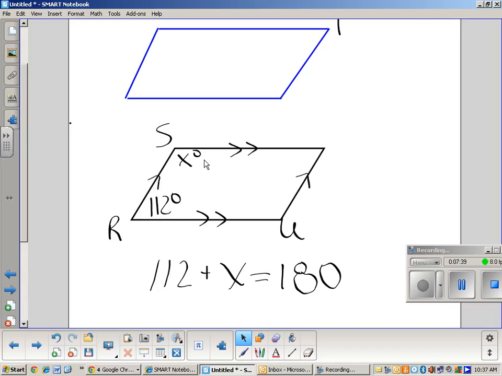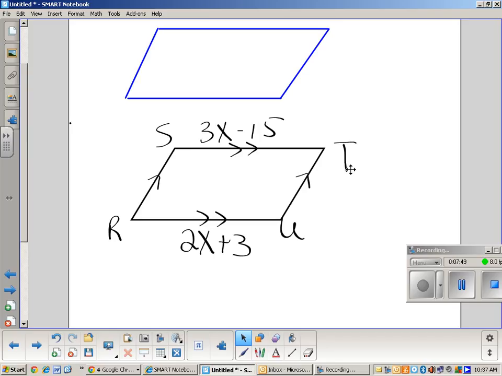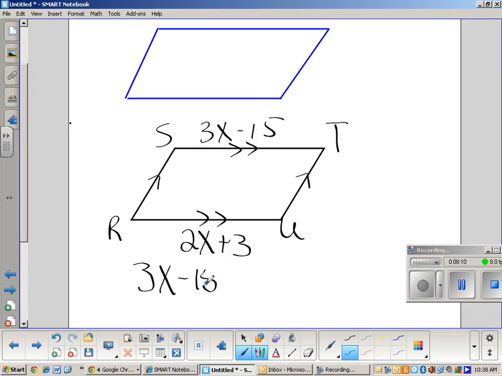So if I change our parallelogram to look like this, if opposite sides are congruent, how could I set that up mathematically to find the value of x? 3x minus 15 equals 2x. Right. If they're congruent, we can set them equal to each other. So I can write 3x minus 15 equals 2x plus 3.